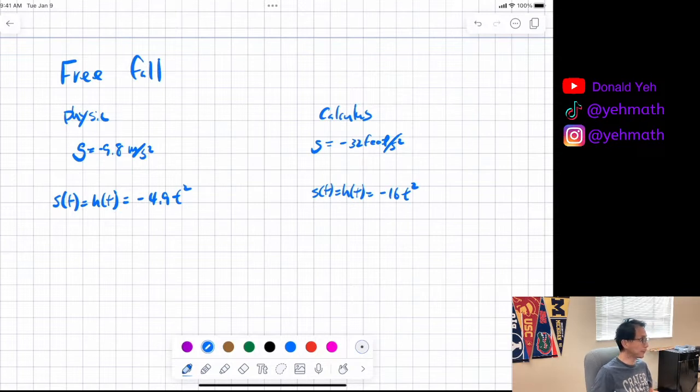So that's called free fall. The t squared gives you the information that tells you how much it dropped.